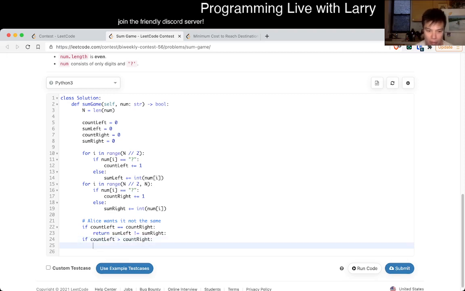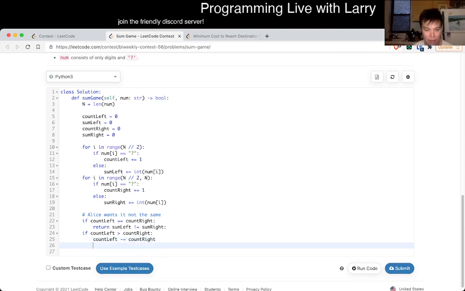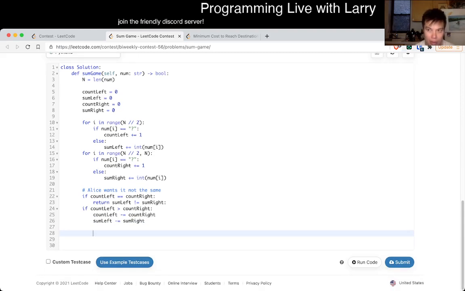Count left is some, right. Okay, so now count has more than right. So then what happens?